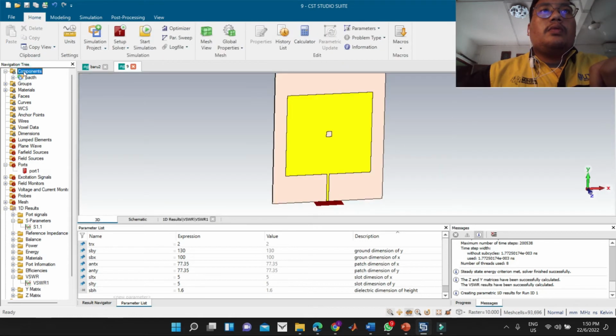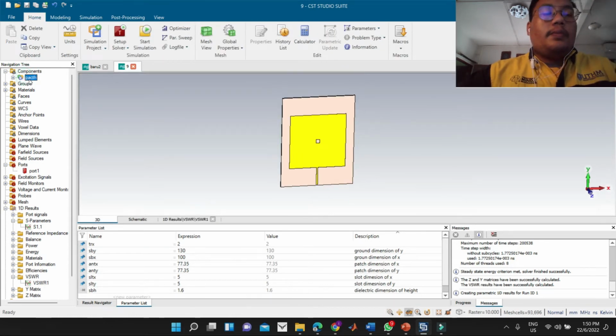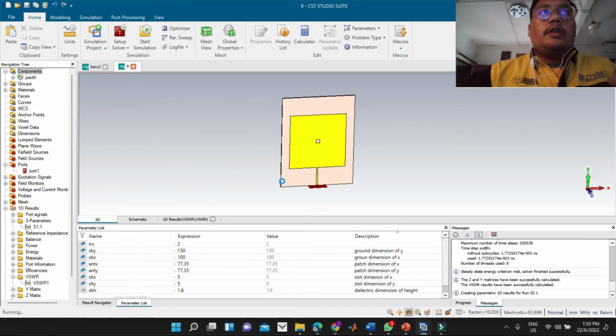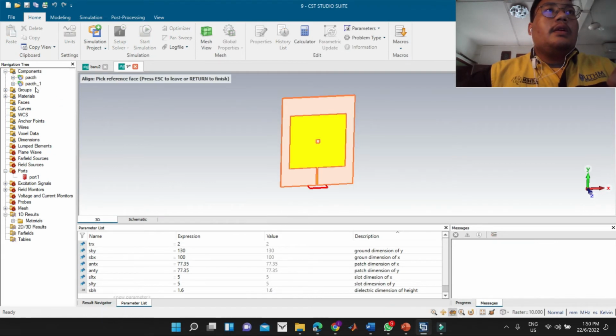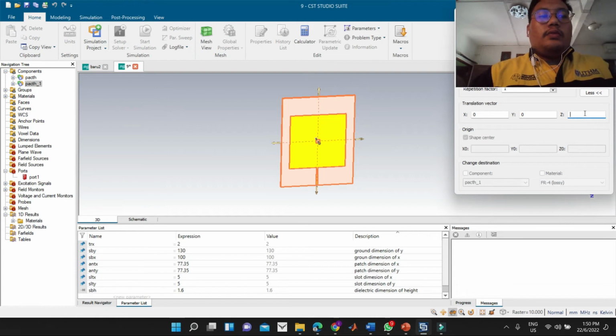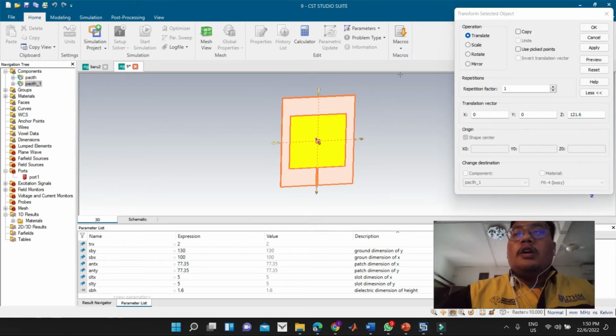First we need to go to component, and then copy and paste this antenna. We copy this antenna as the receiver antenna, and then we adjust the transform, and then for the translation, the distance between the antenna and receiver.